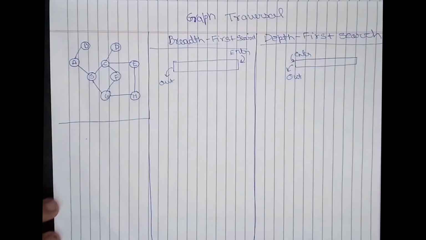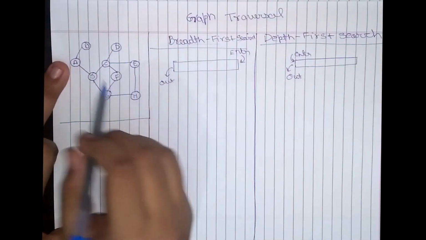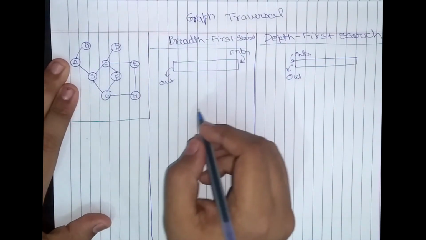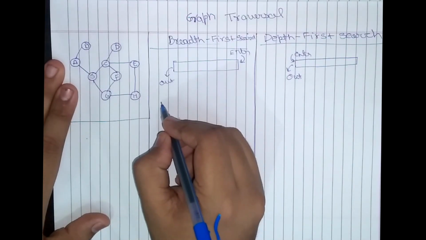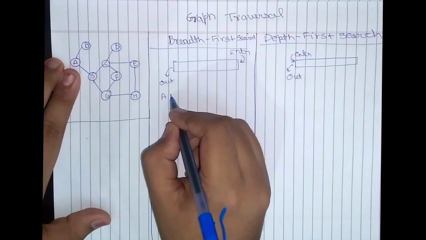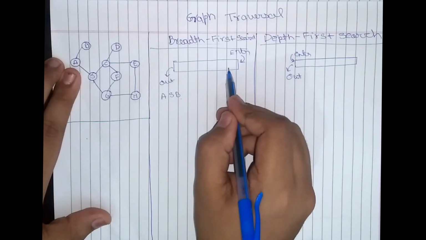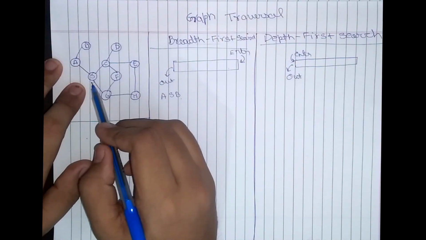Let me tell you why we take this approach. For breadth first search, let's take an example. Let's see for A. We will first check out A, and then what are the children of A? They are S and B. So first we will add A and then we will check out its children.